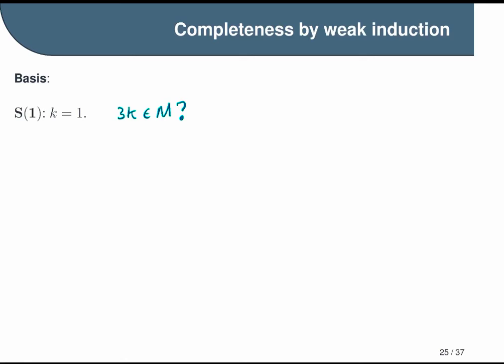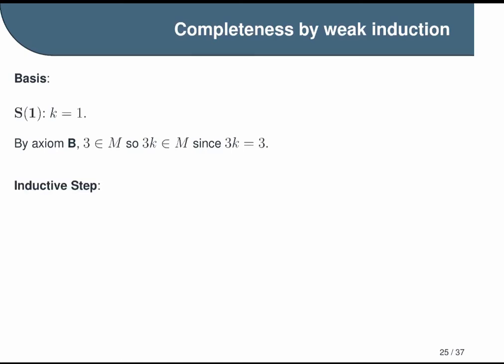Well, if k is equal to 1, then 3k is just equal to 3. And so by our axiom from our Post system, we know that 3 is in this set. So certainly 3k is in M because 3k is equal to 3 when k is equal to 1. So that is established.